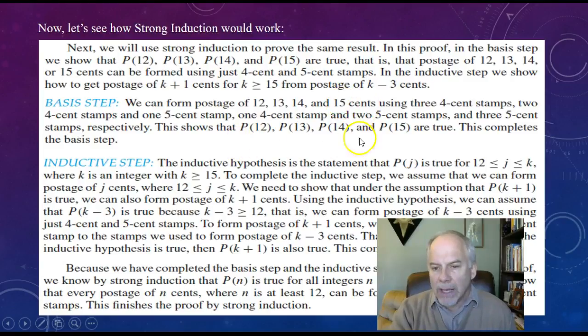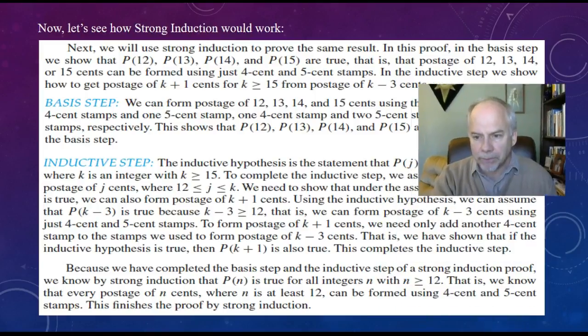So we had to show it worked for all of those, but that completes the basis step. You'll understand in a minute why we had to show all of those.